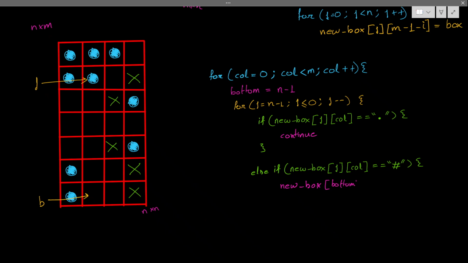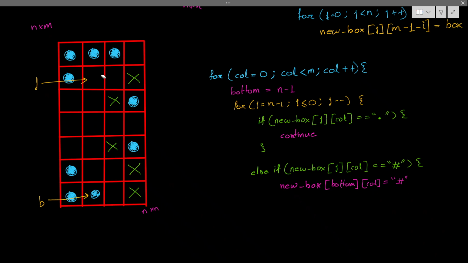After that, bottom is now filled because it has become the ball, and this original place should be empty, since the ball falls down. So that place now becomes empty: new box of bottom and column becomes empty.